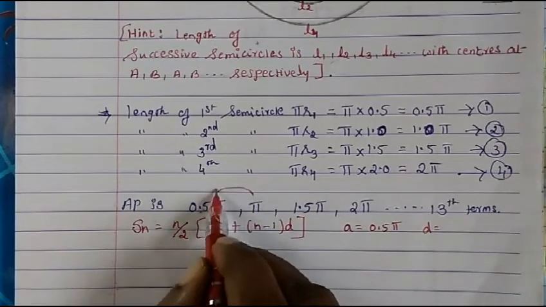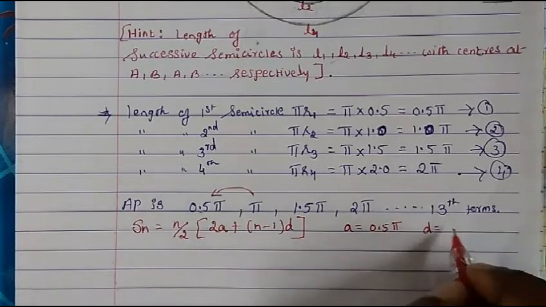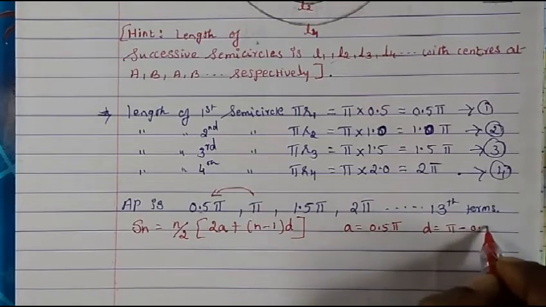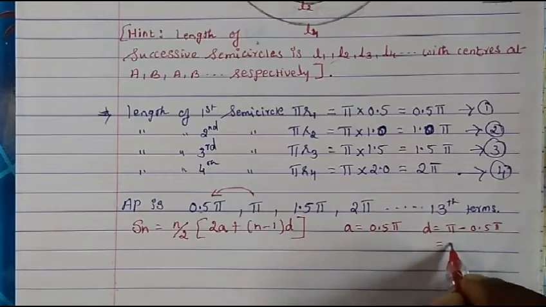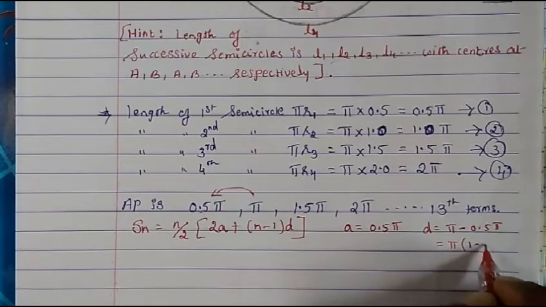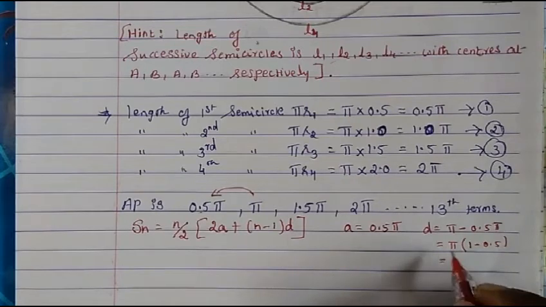For d, from pi you have to subtract 0.5 pi. Here also we have pi, here also we have pi, so let us take pi common. Inside there will be 1 minus 0.5, which gives 0.5.